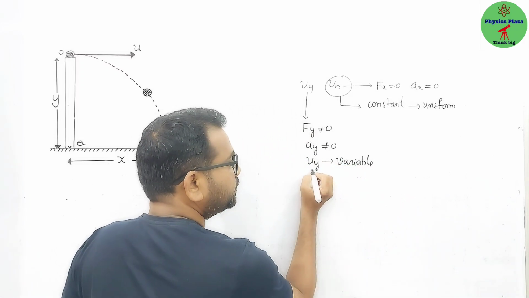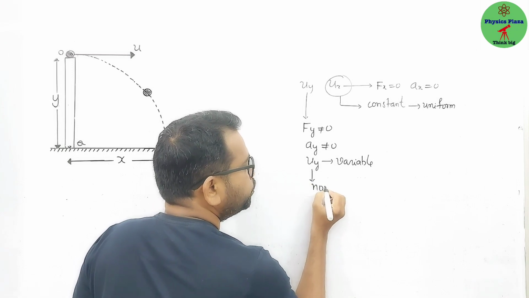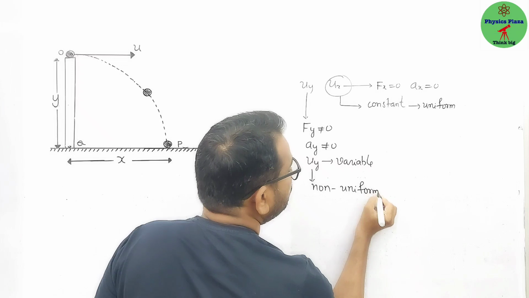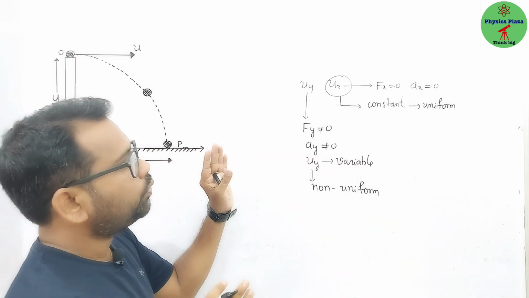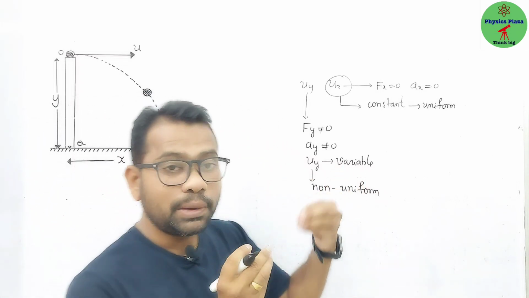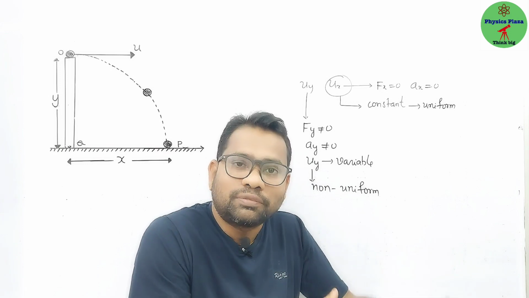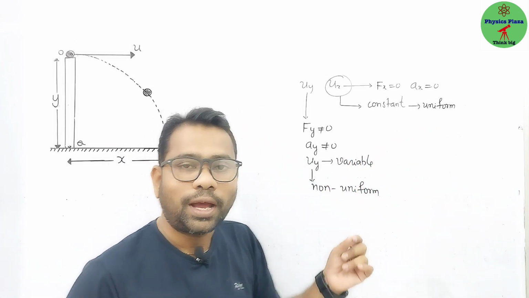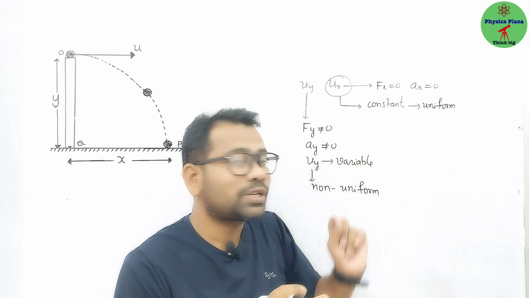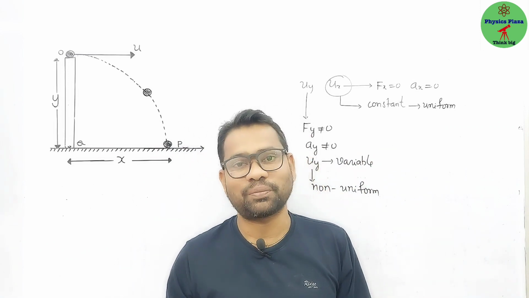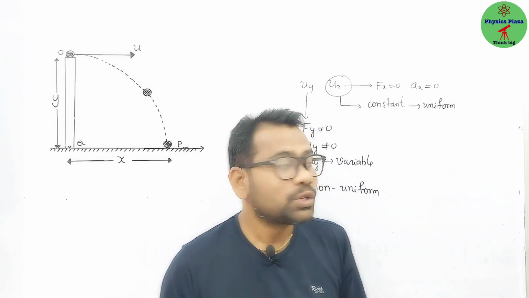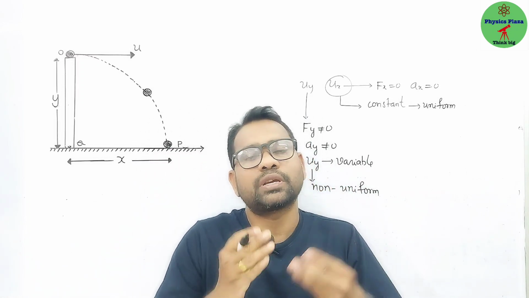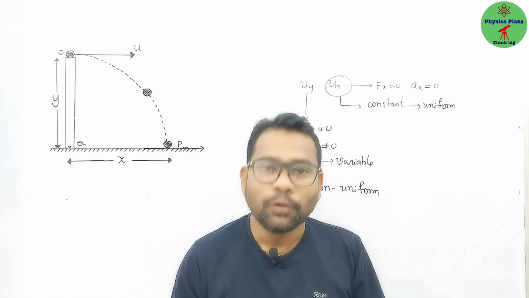That velocity is non-uniform, hence its motion is non-uniform. So the projectile motion can be resolved into two types of motions, uniform motion and non-uniform motion. Moreover, these two motions are independent of each other. Is the point clear? That is why we say projectile motion is a two-dimensional motion. Fine.